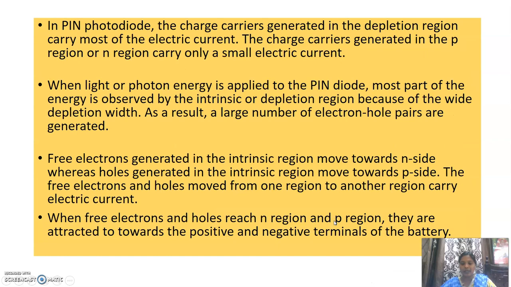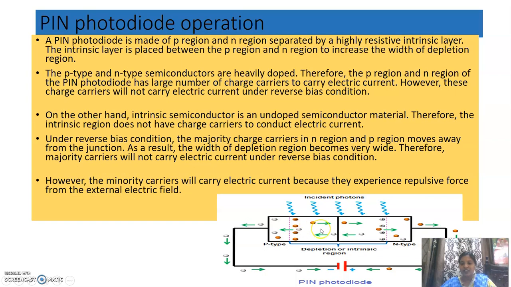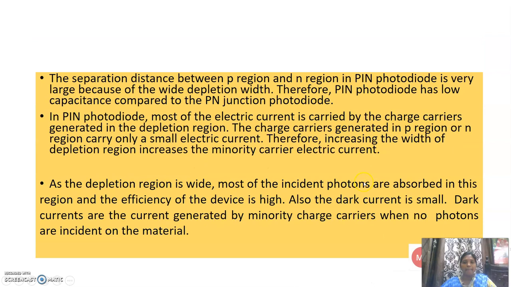Second, the junction capacitance decreases. C is equal to epsilon A by D, and D is very large, which means the junction capacitance will be small. If the junction capacitance is small, the efficiency will be more and the frequency response will be better.